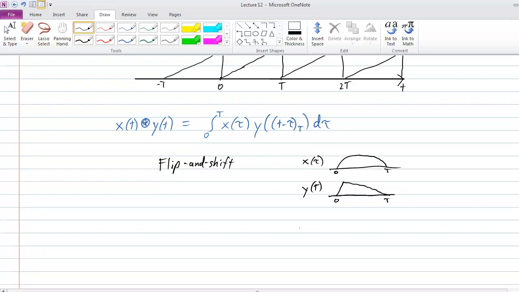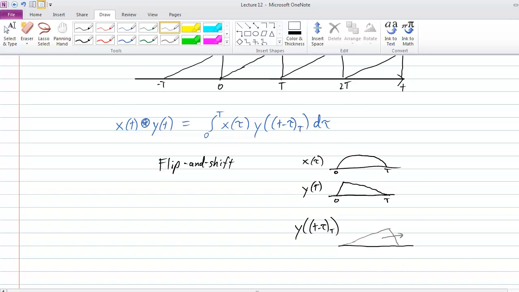Then for any given value of t, my y of t minus tau inside that operator is going to be something like this. Of course it depends on which particular value of t I'm looking at. I'll have flipped it, I'll put that in dotted lines. That's flipping, and then I'll have shifted it.